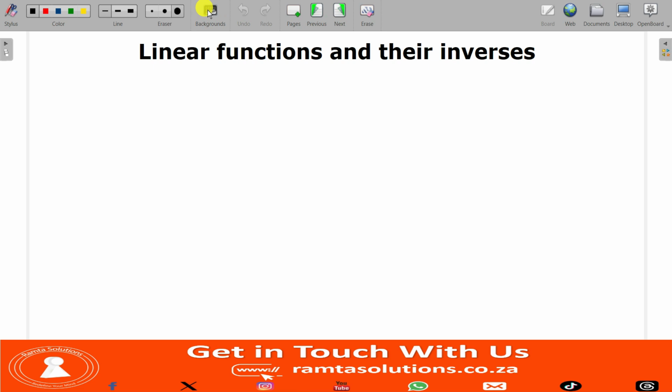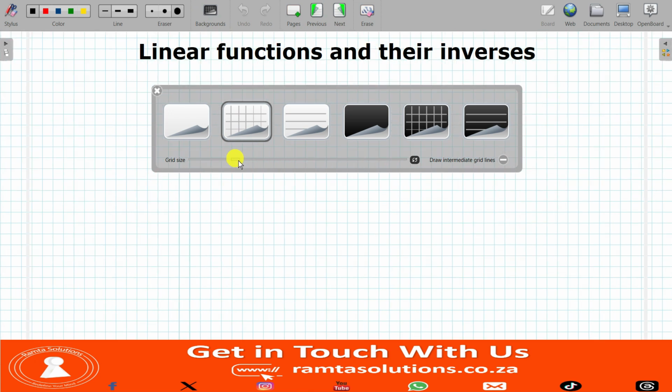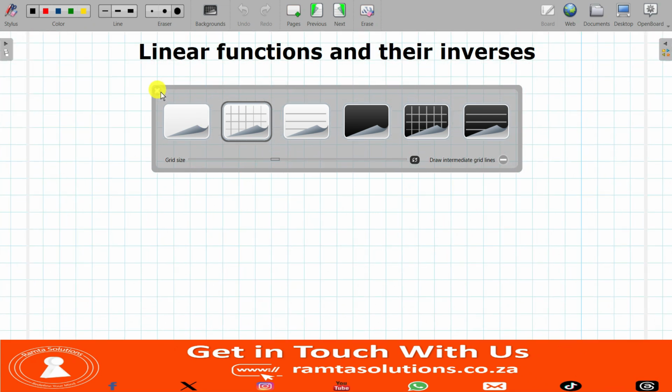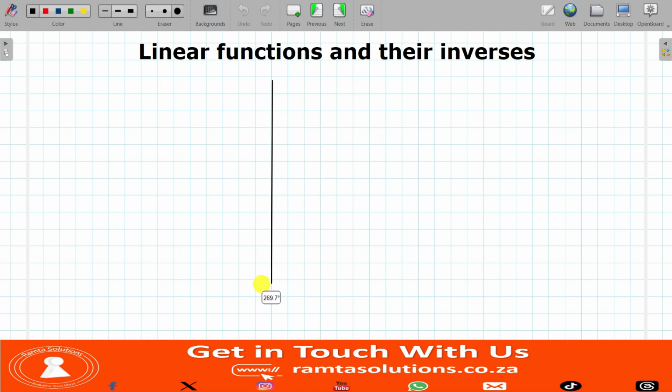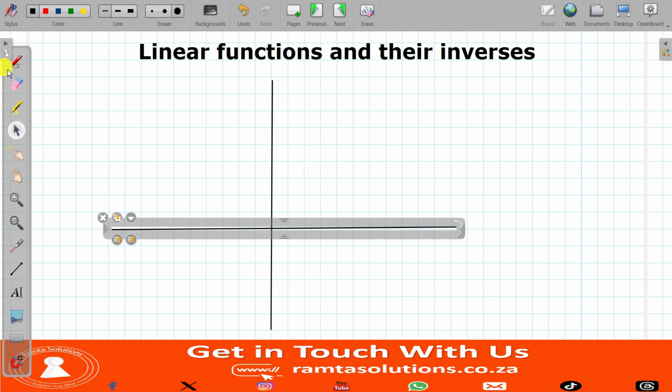Now, let's plot. Let me change the grid and increase it a bit. Let me move this one down so it works. Okay, I think it works now.